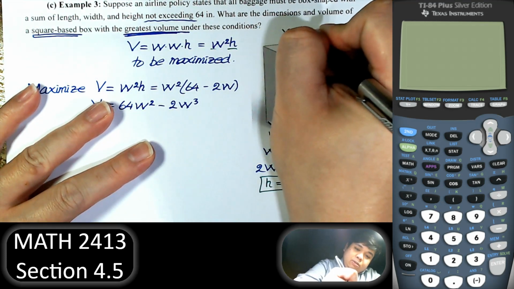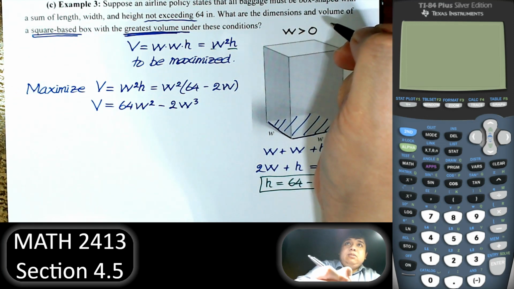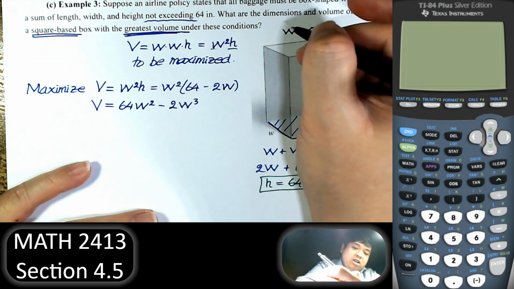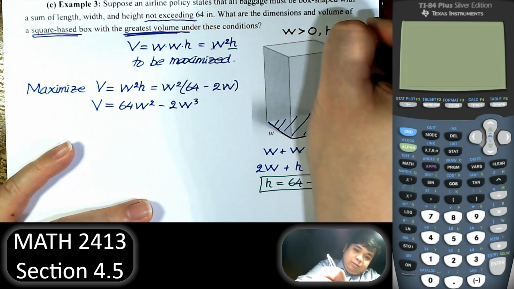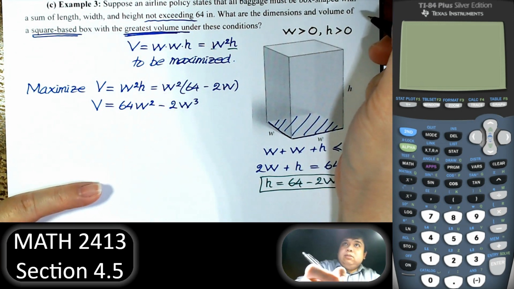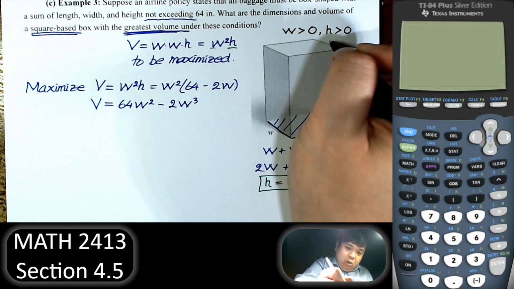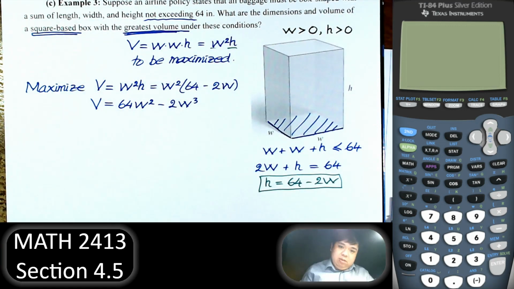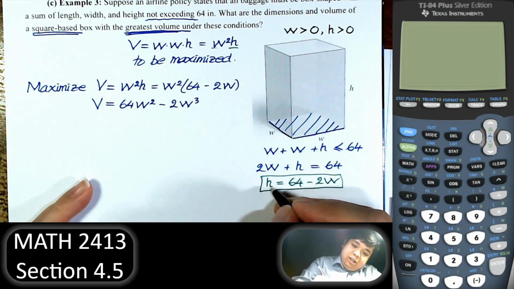W is going to be greater than 0 or equal to. It doesn't matter. Because the height also needs to be positive. Measurement cannot be negative, or it can even be 0. As I said, you can make it equal to 0 as well. It's no big deal.